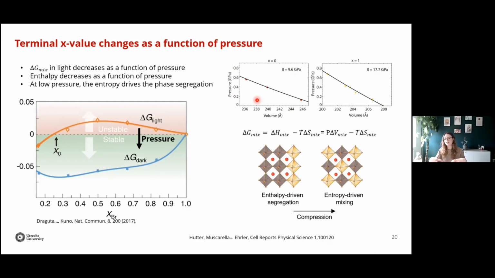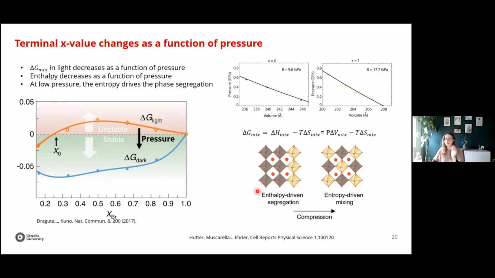So what we think is happening is that the iodide compresses more and accommodates the strain more easily. So the lattice mismatch that generates the delta H mix goes down.